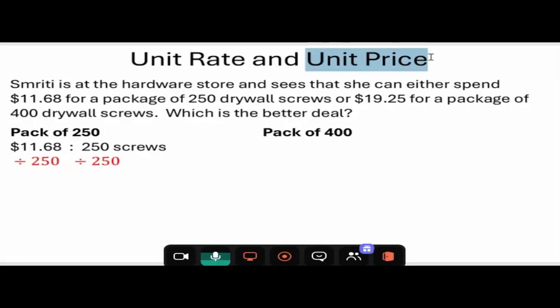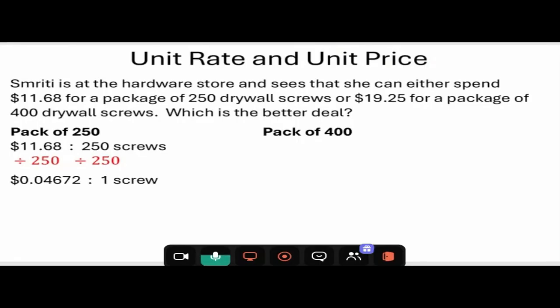Might be the other way you hear this described. So I divide both by 250 because it forces the second half of the ratio to be 1. Even though the numbers aren't nice, again, if you were asked to reduce this ratio or write it as a fraction, you would be doing an entirely different thing. You would be finding things that are common and breaking it down to lowest terms.